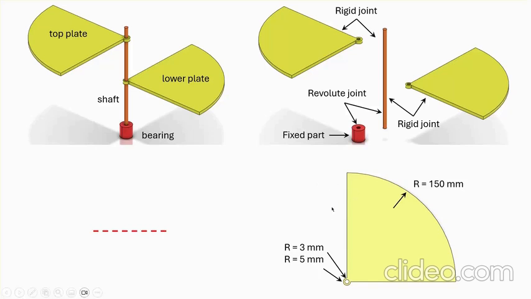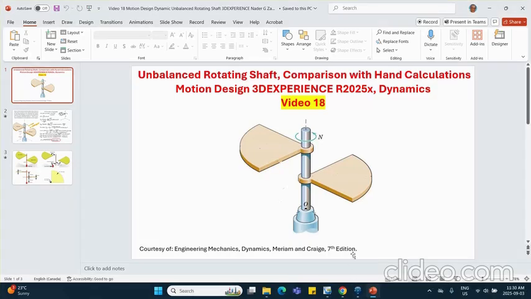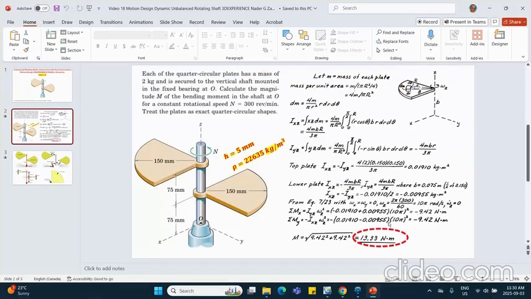Now, these are the dimensions that I'm going to be using, and these are the height dimensions, and we're going to be comparing our results, as I said, with that hand calculation here. Okay, let's get it.